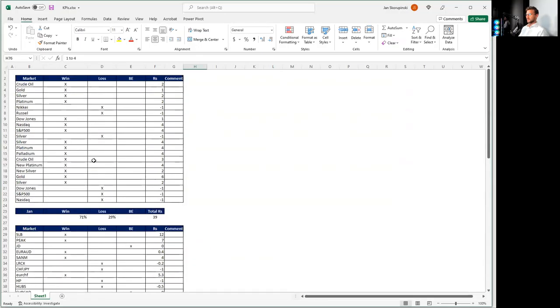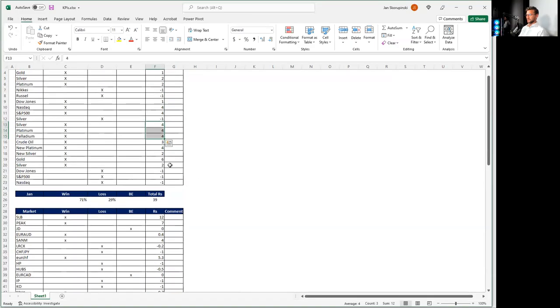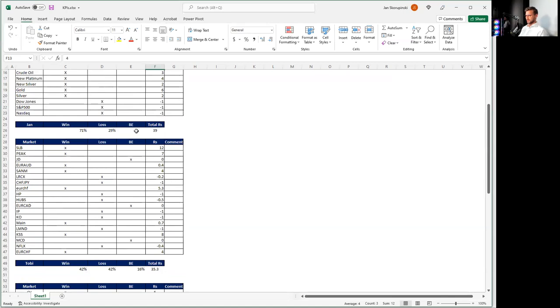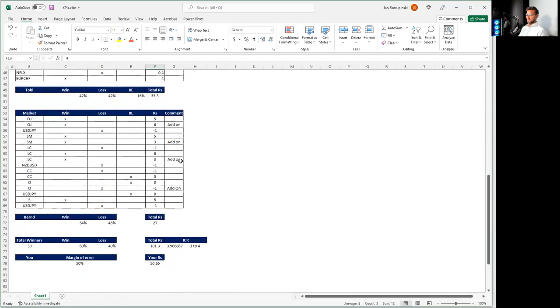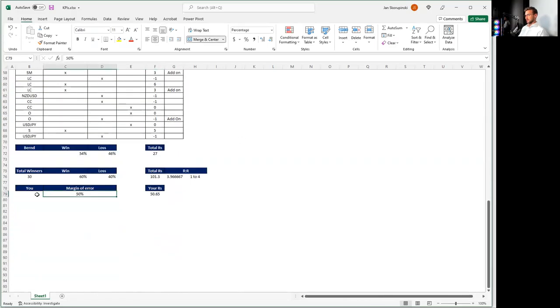Now you may say, well, Jan, some of these trades, I'm not over leveraging here, I'm only taking one here, so we could reduce some numbers and take some away. Or you could say, I missed some of those trades, or you were cherry picking. So what we could say is, there's a margin of error because you're a beginner, so 50% margin of error.